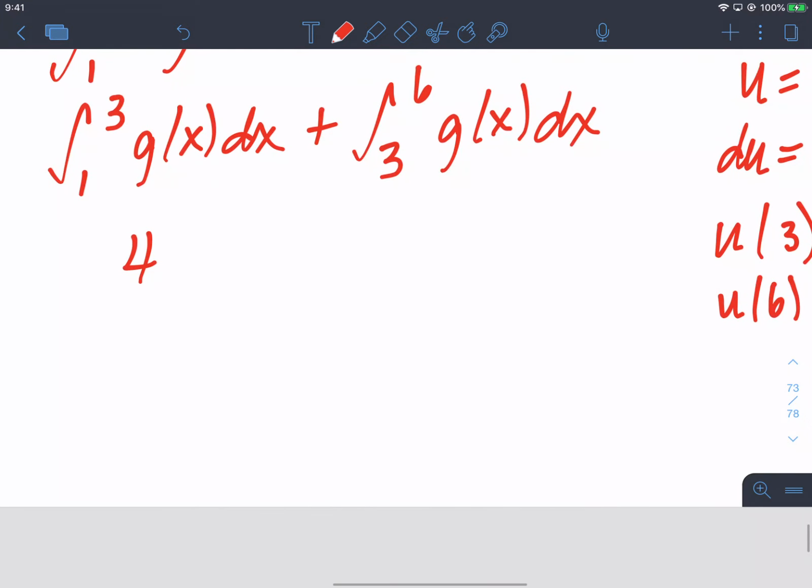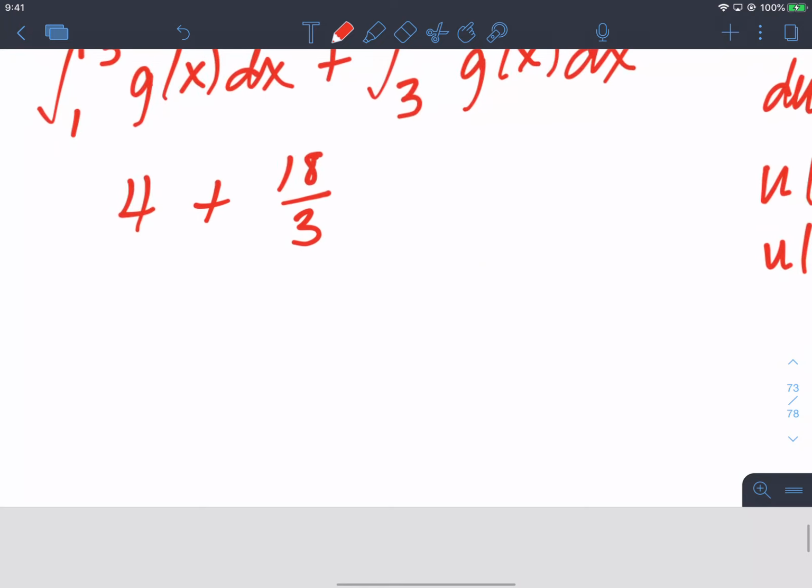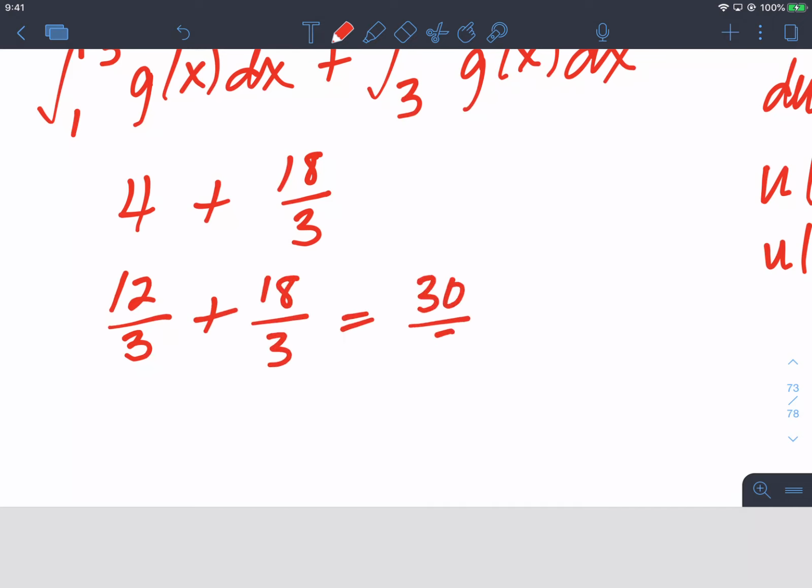So I'd have 4 plus 18/3. Simplifying this further, it would be 12/3 plus 18/3 is 30/3, or just 10.